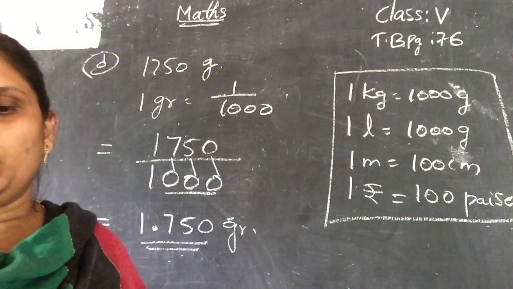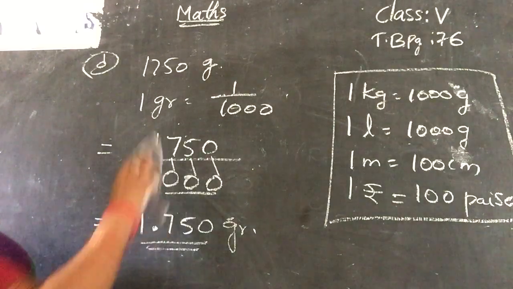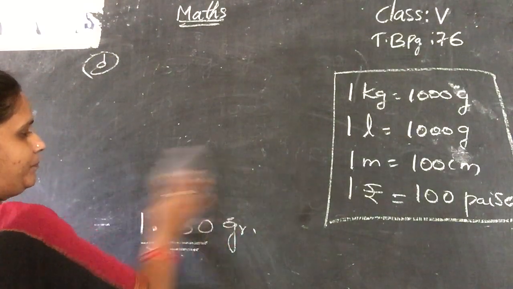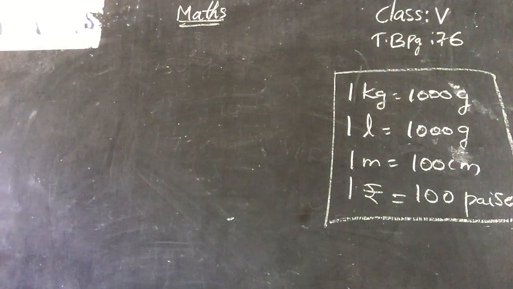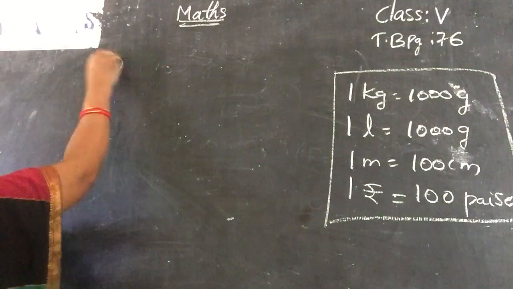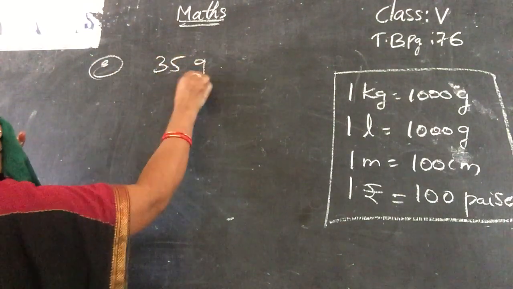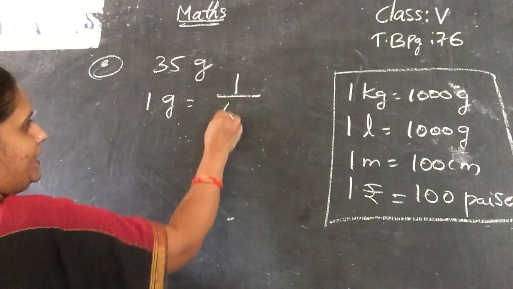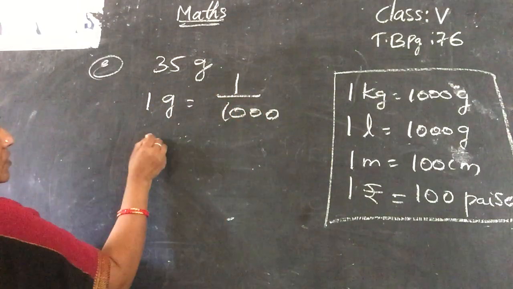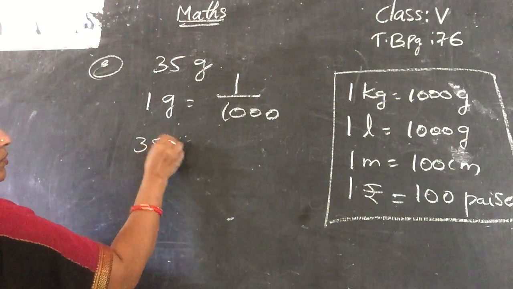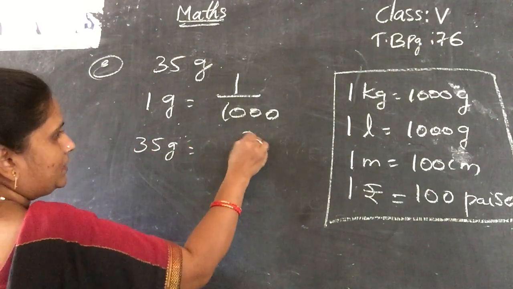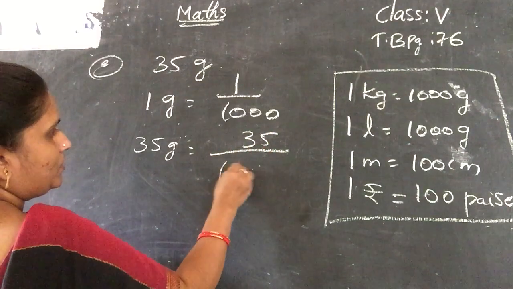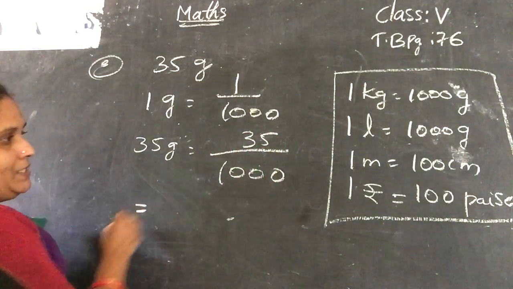Next, in sum E there are only 35 grams. Same, 1 gram is equal to 1/1000, so 35 grams is equal to 35/1000.